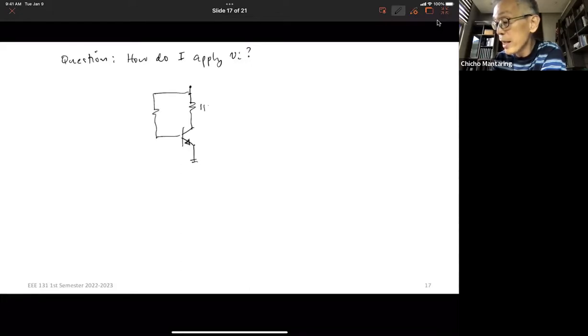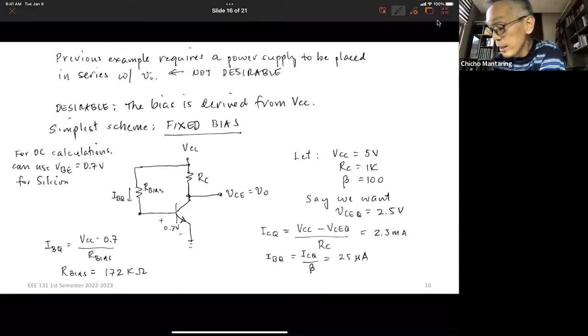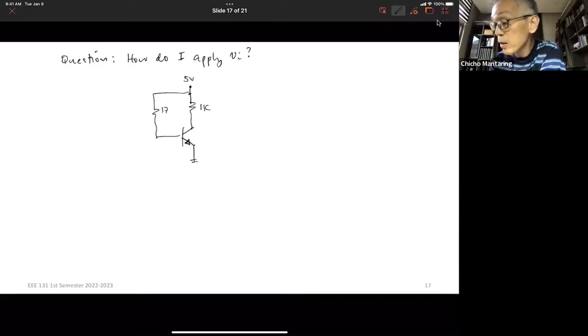So this is 1K, this is 5 volts, this is 172K, and this now is the vi. This is the signal that I want to amplify. I cannot connect this directly here. I cannot do that.